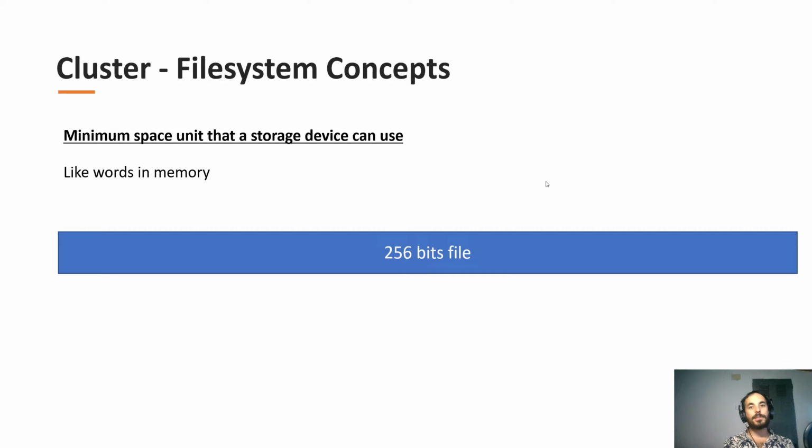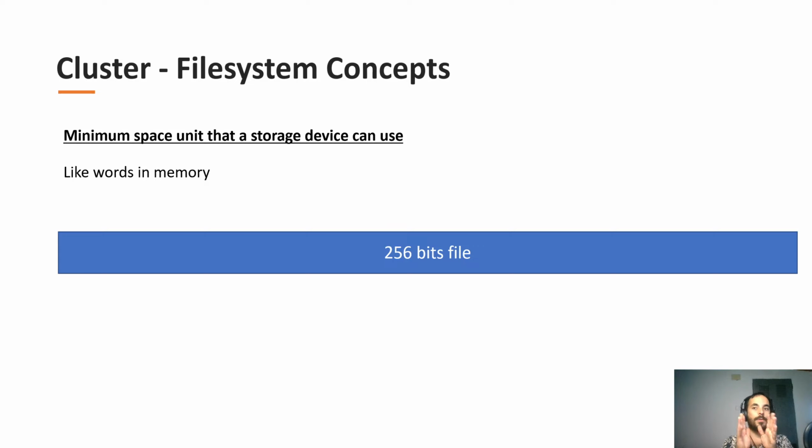If you have a 256 bits file, as I was saying before, you are going to split it in tiny bits so it fits anywhere, even if there are empty spaces or different spaces around the storage.